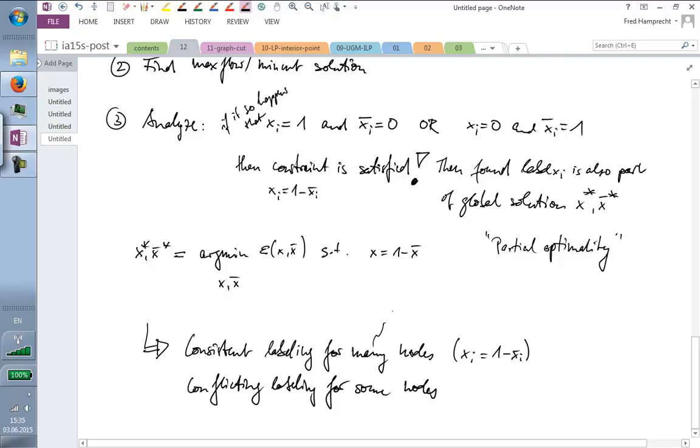So for many, let's say this could be 90 to 99.99%, so those would be typical numbers, and the remainder remains undefined. And how exactly this ratio of many to some depends on how strong the unaries are, how many frustrated cycles we have in the system, and so on. So essentially on how hard the problem is.